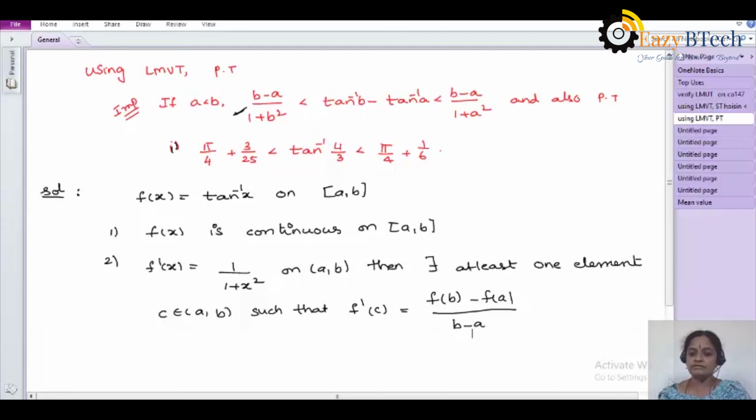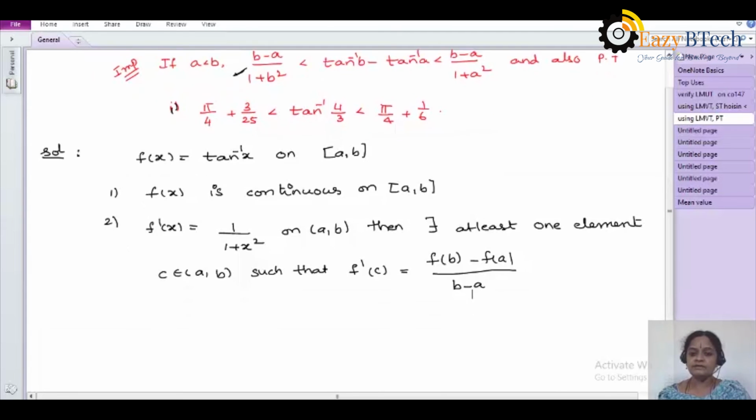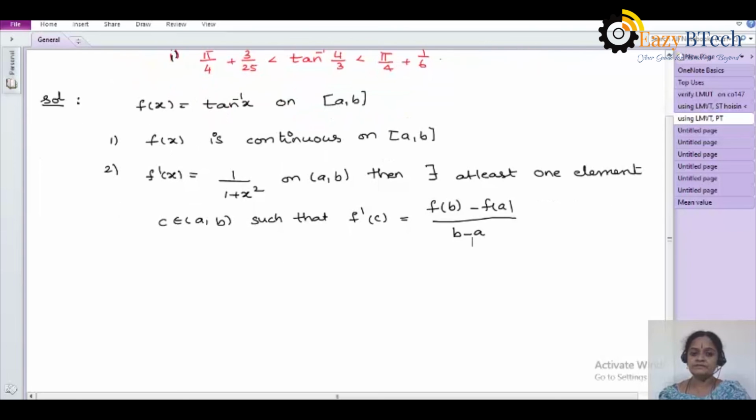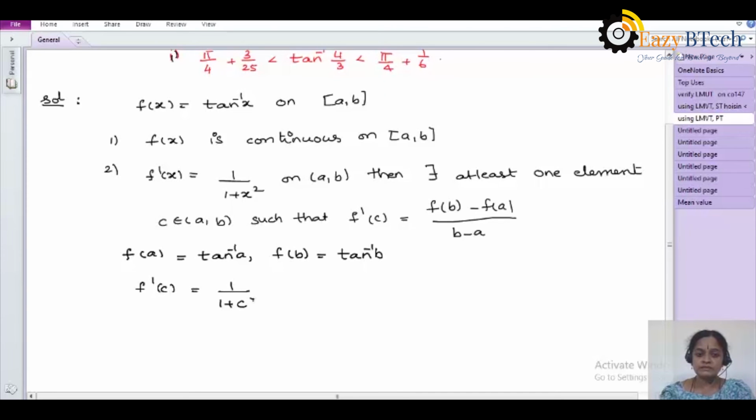You are finding all values here, students. So f of a is equal to tan inverse a, f of b is equal to tan inverse b, and b minus a only, then f dash of c using the second condition is 1 by 1 plus c square.